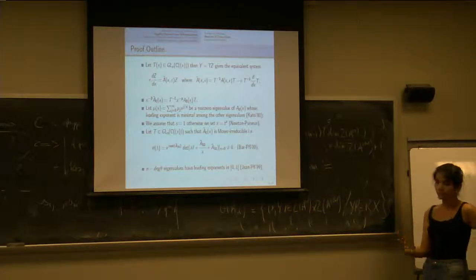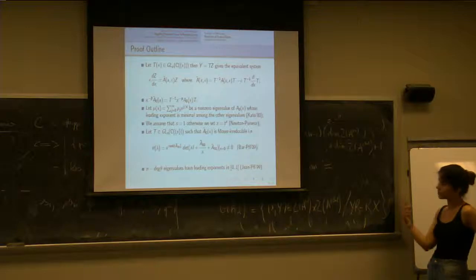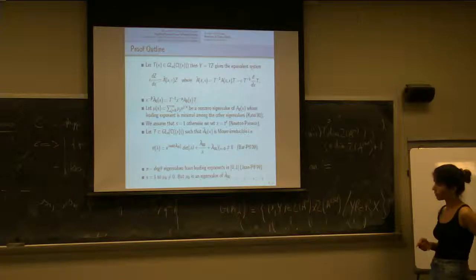If it is not equal to 0, then it is still interesting because it gives information about these leading exponents. Now, since the leading exponents lie between 0 and 1, and we already assumed that s equals 1, then necessarily mu_0 is an eigenvalue of A tilde_{0,0}, and it is non-zero. So this is how we can treat the turning points.